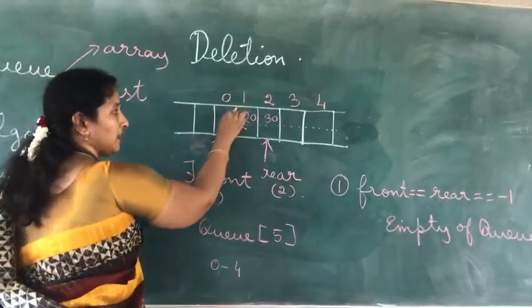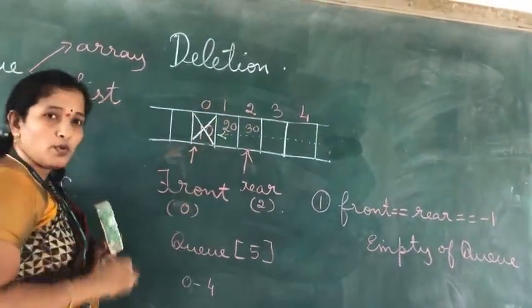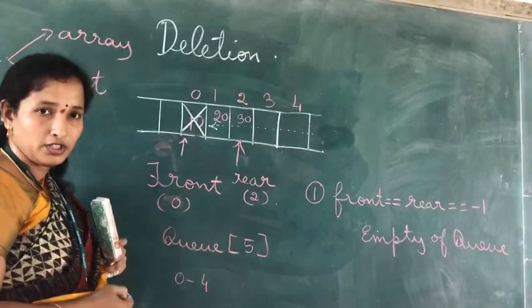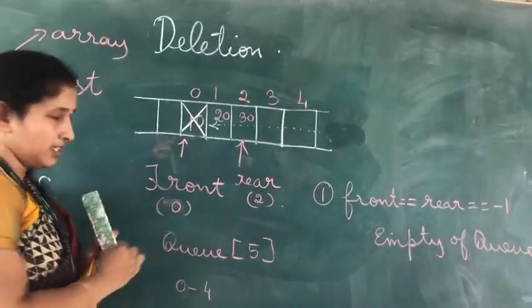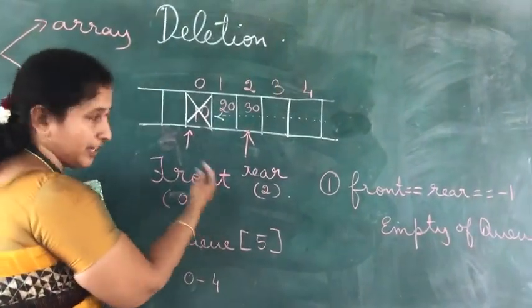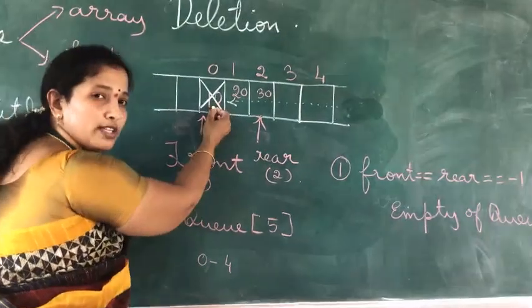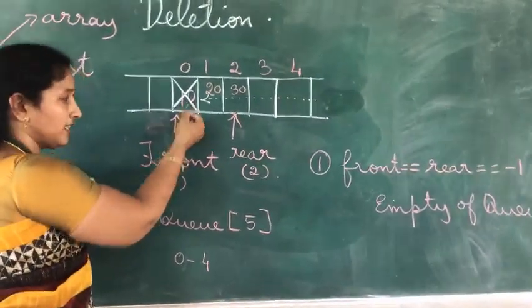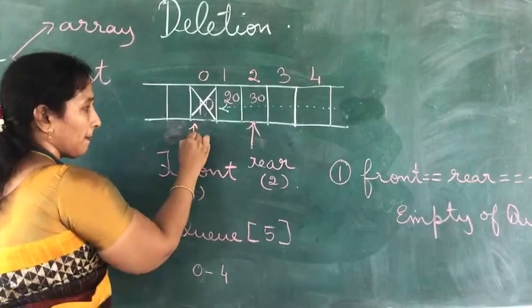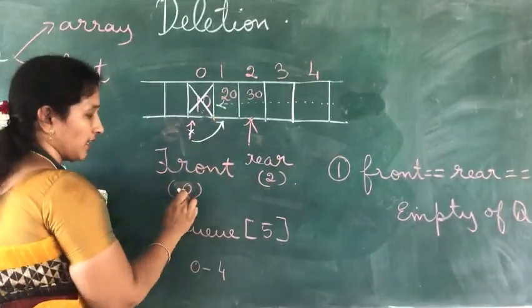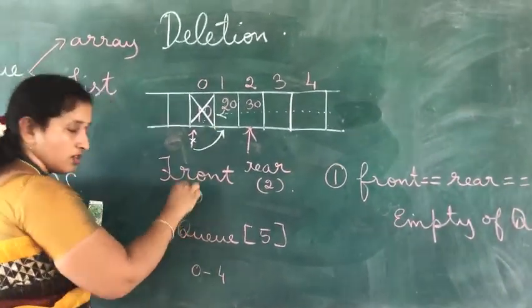So when I am going to do the deletion operation, first I will delete the 10. When I do the deletion operation, I first increment the front pointer. After deleting the data, I will be incrementing the front pointer to the next stage. So now the front pointer is 1.